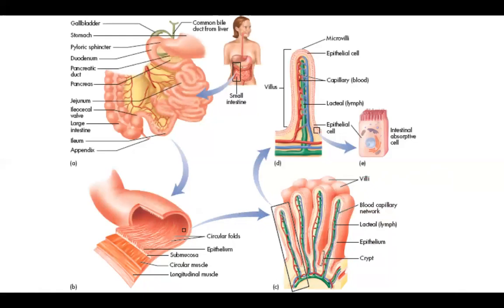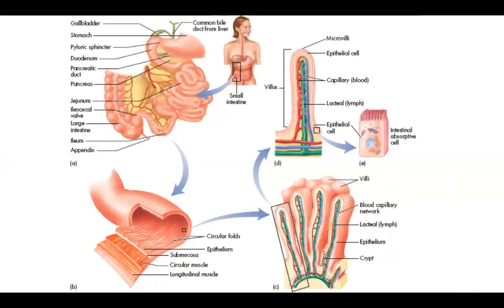And each villi has its own blood and lymph supply. And the villi greatly increase the surface area of the small intestine so that nutrient absorption is maximized. On the villi are actually something called microvilli, which are even smaller finger-like projections, which again increase the surface area hugely of the small intestine.